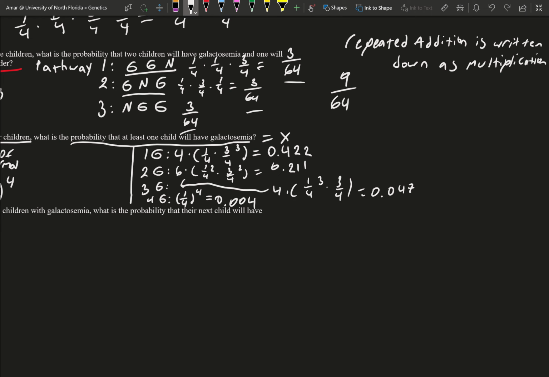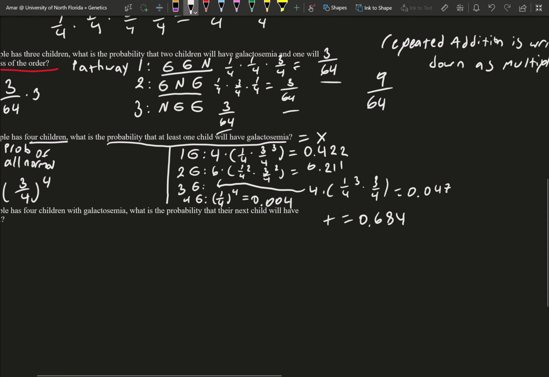So these are equal to 0.422 plus 0.211 plus 0.047 plus 0.004. If we add these together, it's around 0.684.